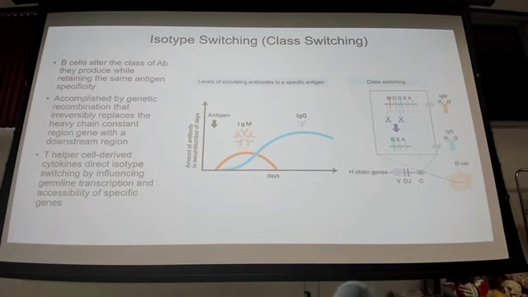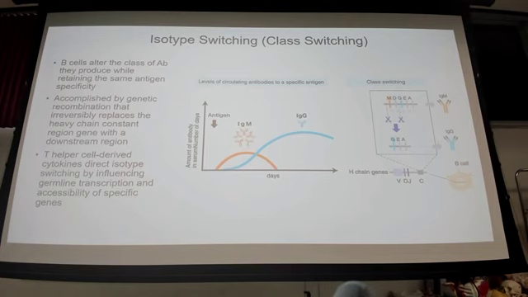Like the scissors here, I don't know if this is very clear, but when a portion of that cassette is spliced out, that's a permanent thing. So you couldn't go from M to G and then go back to D because it was cut out? Right, you splice that out. But you can trek along and become IgG, you can become IgE, IgA, but you can't go back to those spliced out regions.